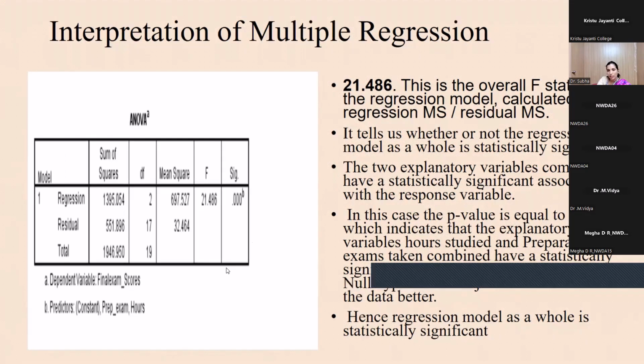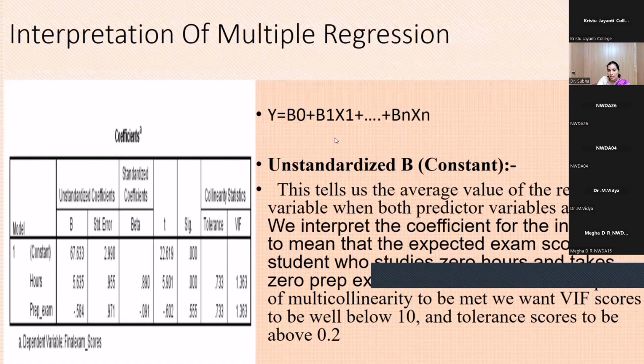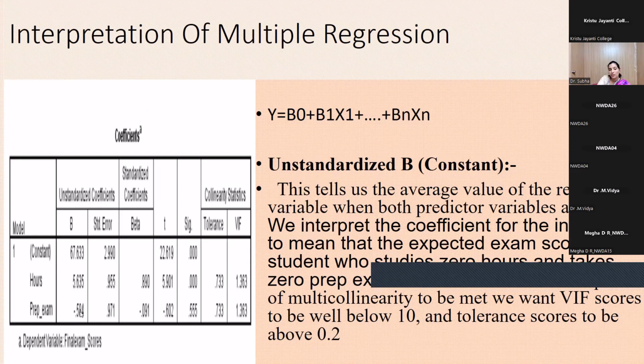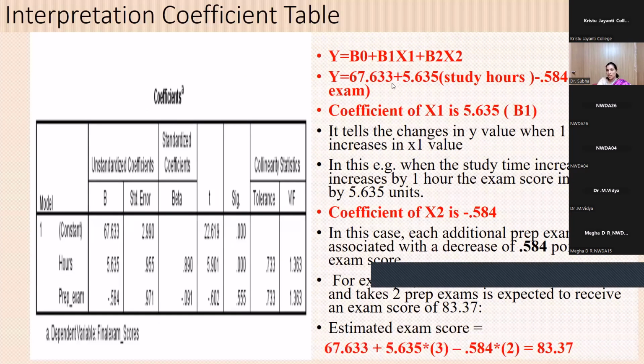And the unstandardized coefficients: for hours of study it is 5.635, and for the preparatory examination it is negative, minus 0.584. The constant value for this study is 67.633. Now the explanation part, the interpretation for this equation.